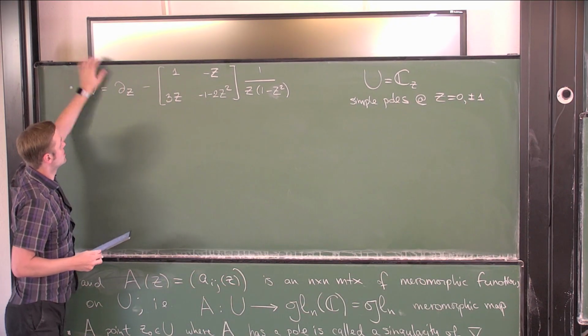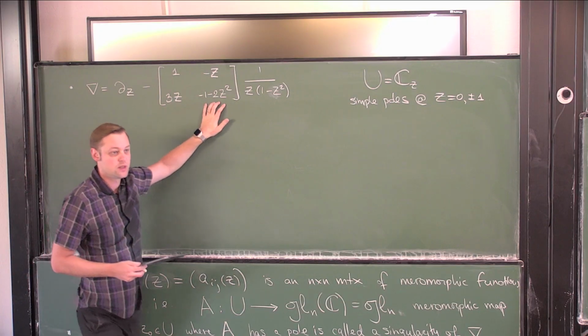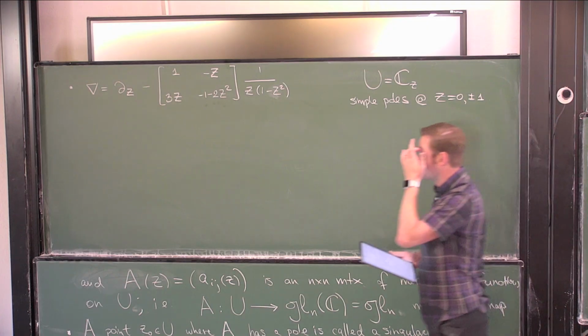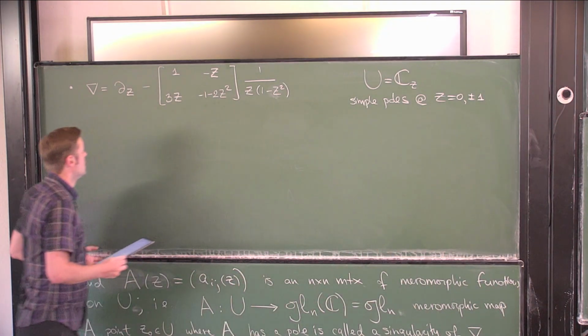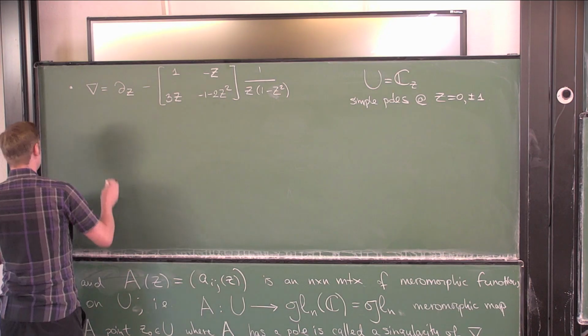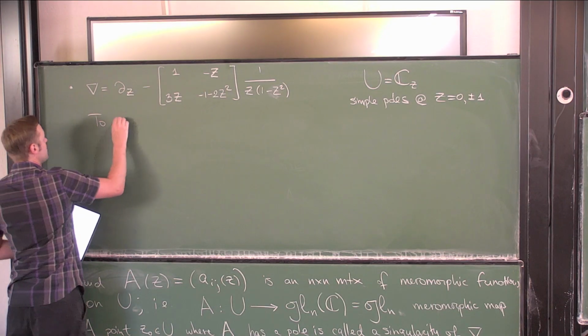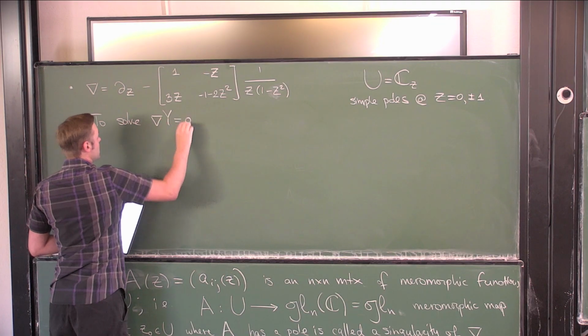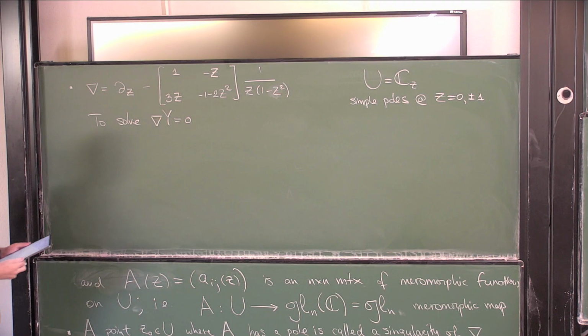So this system is not uncoupled. It's not of this form, it's not diagonal. So it's not so easy, at least a priori, to solve it. But suppose I do want to solve it. What do I do?